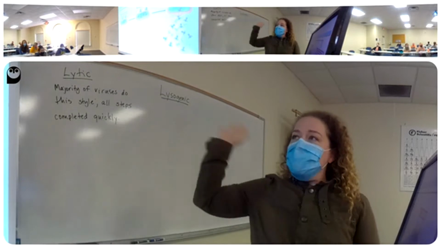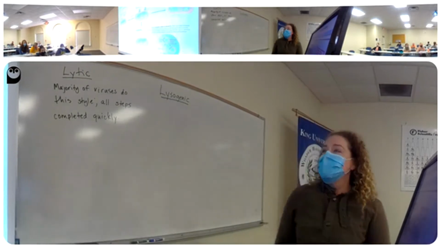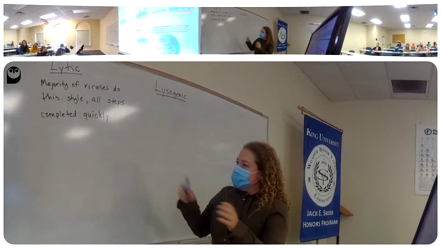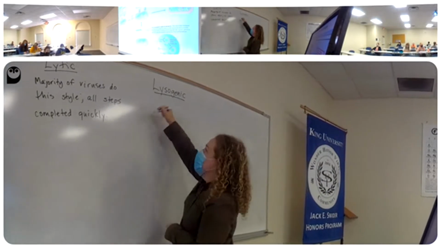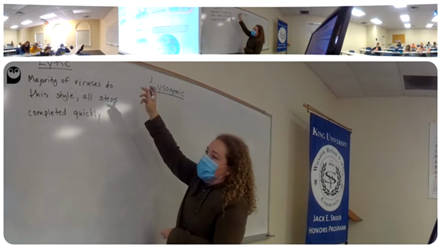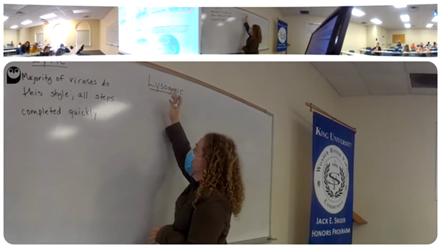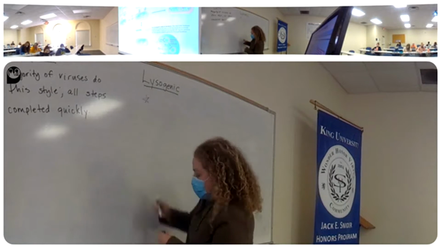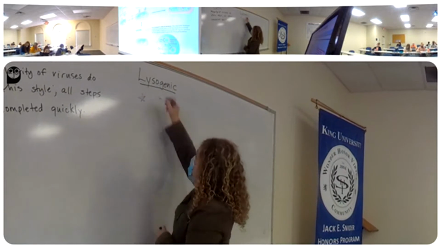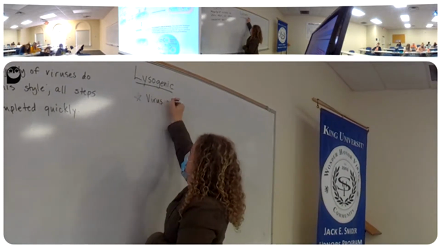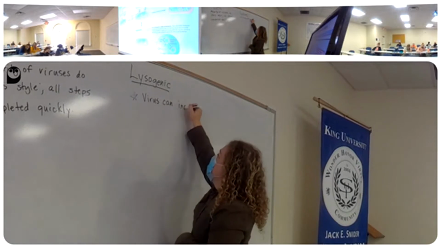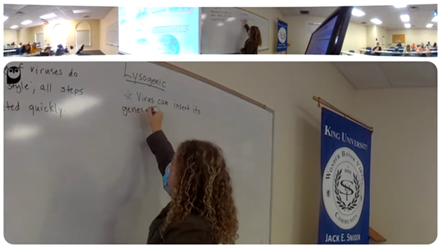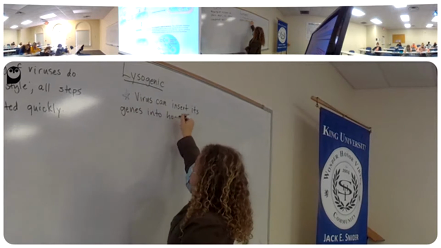So, most viruses act that way. There are some viruses that can do a different kind of lifestyle called lysogenic cycle or lysogenic state. And what's key about this is that the virus can insert its genes into the host genome.